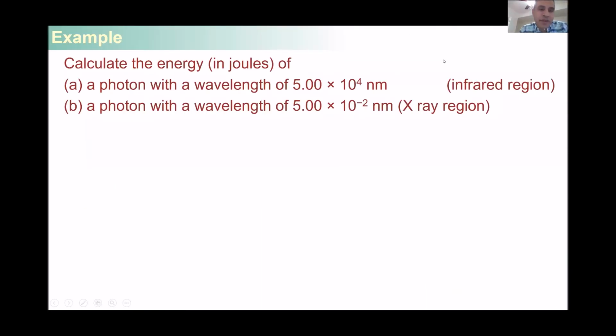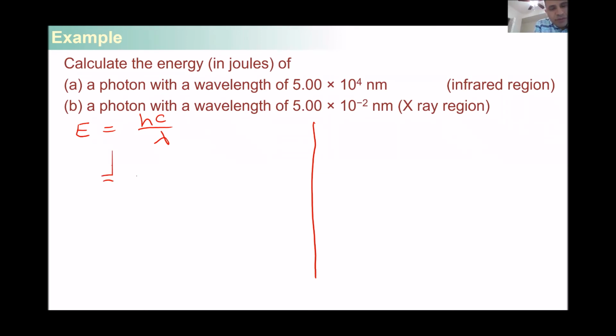So just to emphasize the relationship between energy and wavelength, we will calculate the energy associated with two photons in two different regions in the spectrum, infrared region and X-ray region. If you want to calculate the energy associated with a certain wavelength, you will use the formula E equals hc over lambda, where h is Planck's constant, c is the speed of light, and lambda is the wavelength.